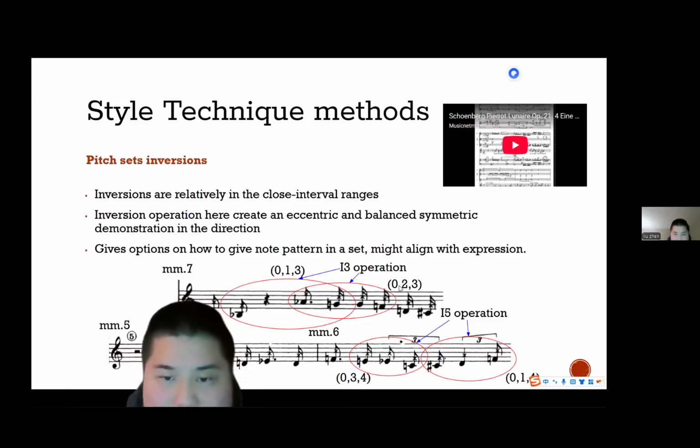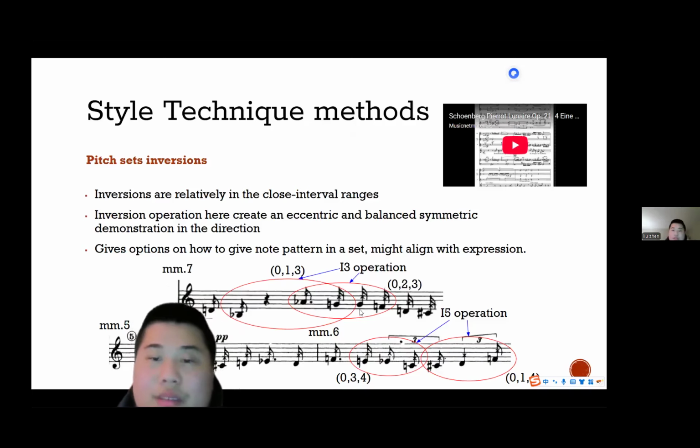If we look at this section here as the red circle at measure 7, one more thing, this repeated G can be excluded from this set because it's repeated.